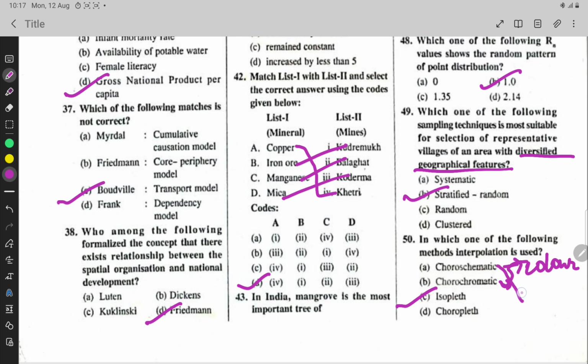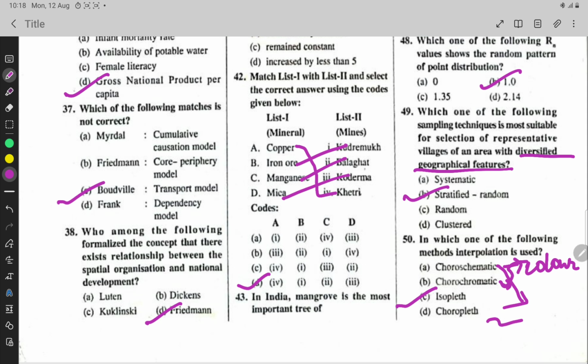Choroschematic maps are those maps where spatial data is plotted and different symbols can be used to depict those spatial data. For example, river is there, mountain is there, or production of a crop is there, so different symbols can be used.